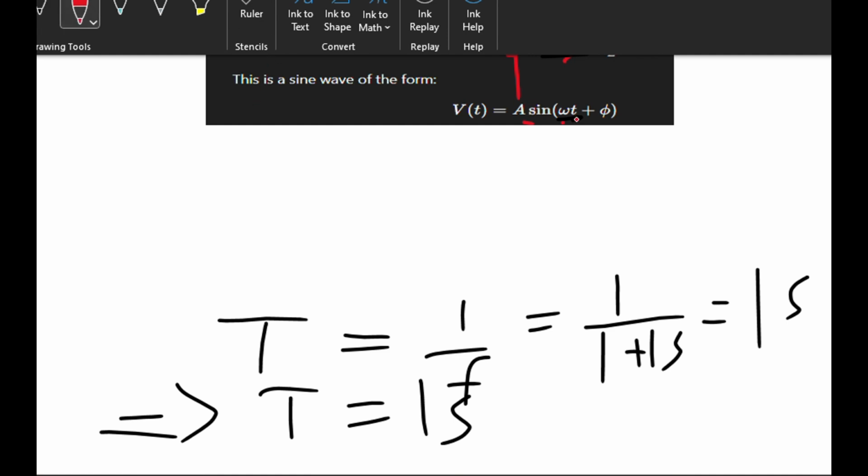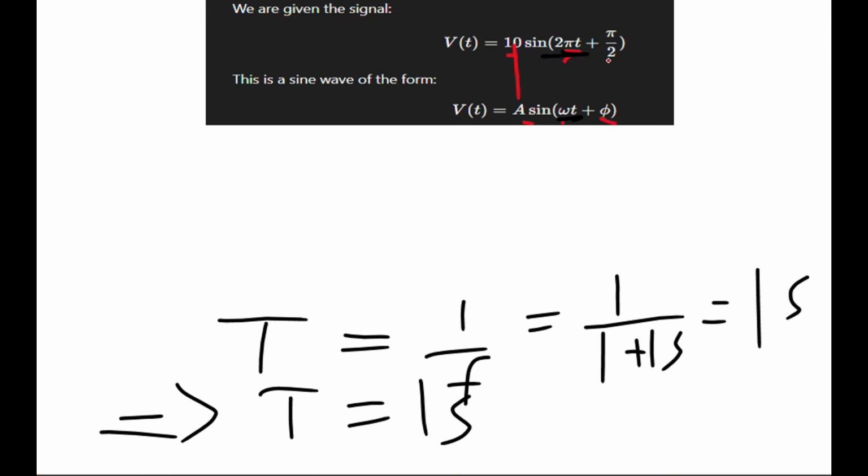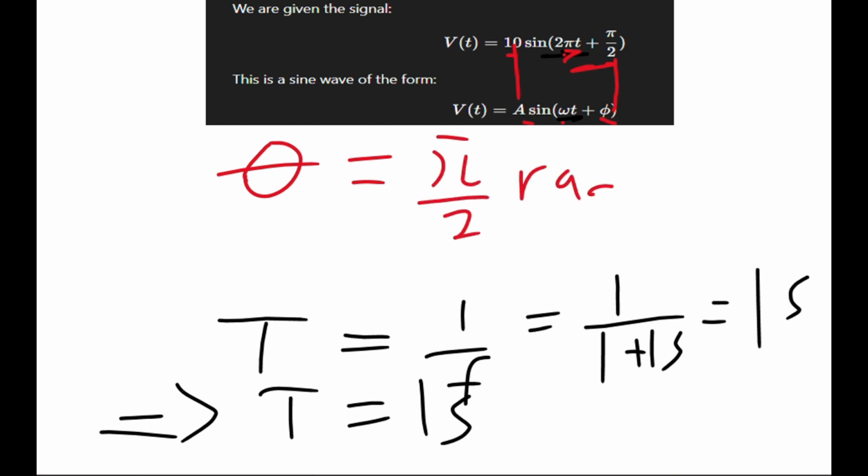Now when we compare the two equations, you can see that our phi is equal to pi over 2, or our phi corresponds to pi over 2. So we have our phi, or the phase angle, to be pi over 2 rad.